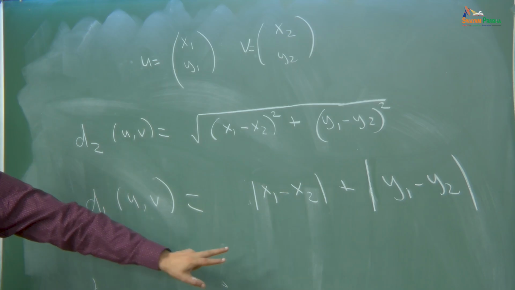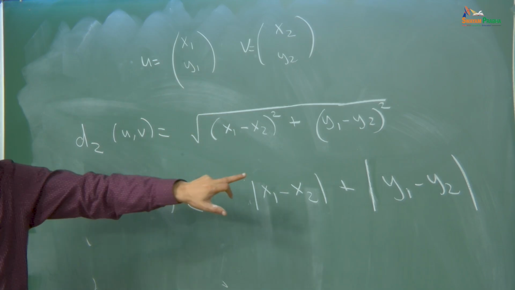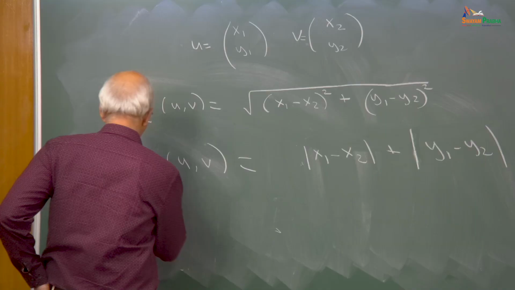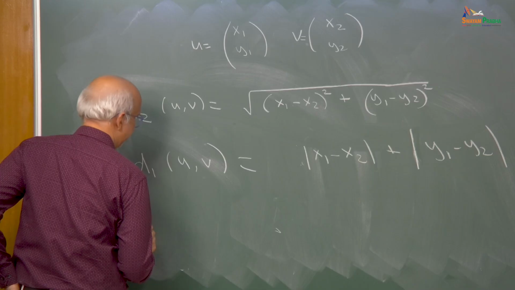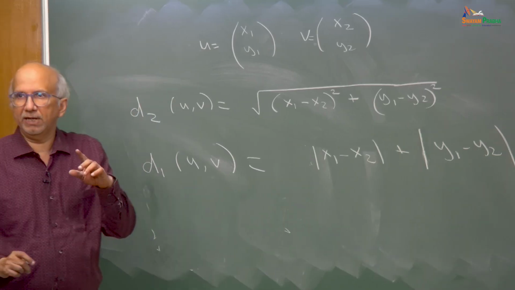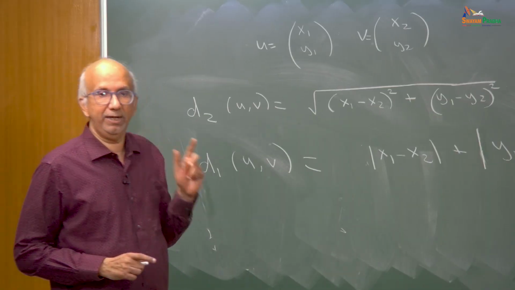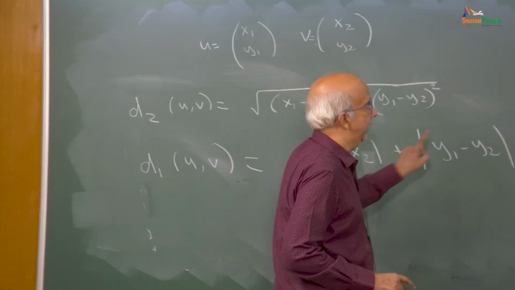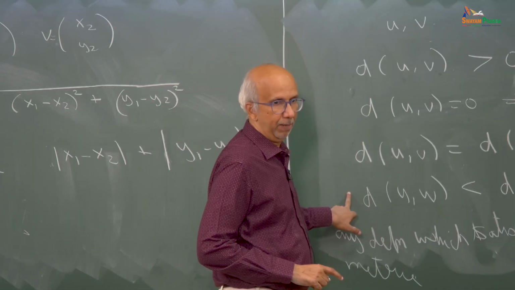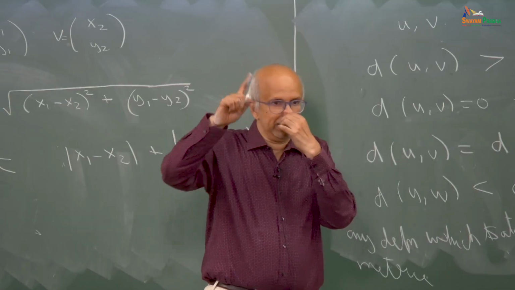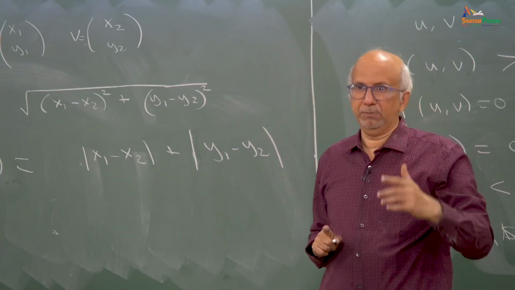Now I am not doing any squaring, I am just taking the absolute value of the differences x1 minus x2 and y1 minus y2. So this is an alternative method for us to possibly define a metric. This is going to be valid provided this definition satisfies these axioms, okay. And this does not have that geometric significance of the distance that you are comfortable with.